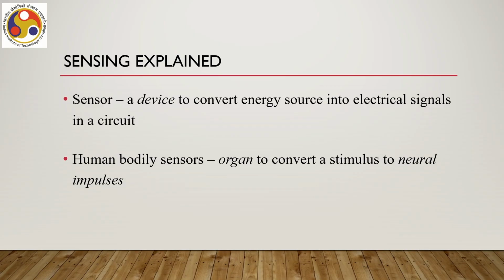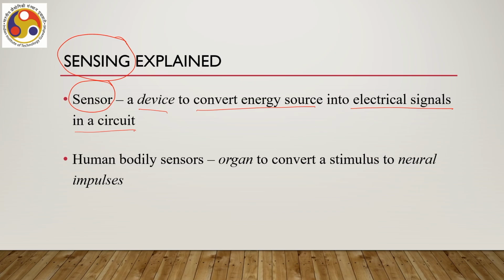Now, when we are trying to understand sense or sensory organs, we should keep in mind that the term sensor can be used in different contexts. When we are talking of a device or a system, the term sensor means a device to convert an energy source into electrical signals in a circuit.